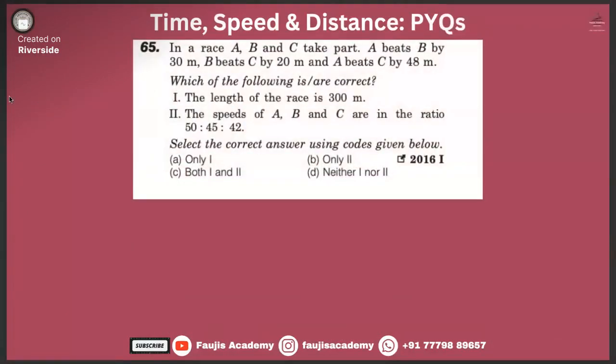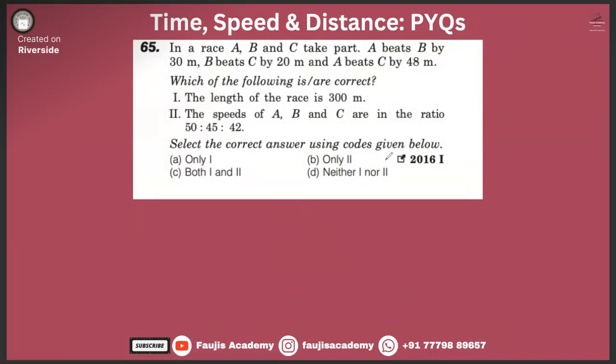Last question for the day. Even though I told you that you will be doing it, I feel like doing it. So let's do it. In a race, A, B, C take part. A beats B by 30, B beats C by 20, and A beats C by 48. Then they have asked the length of the race.